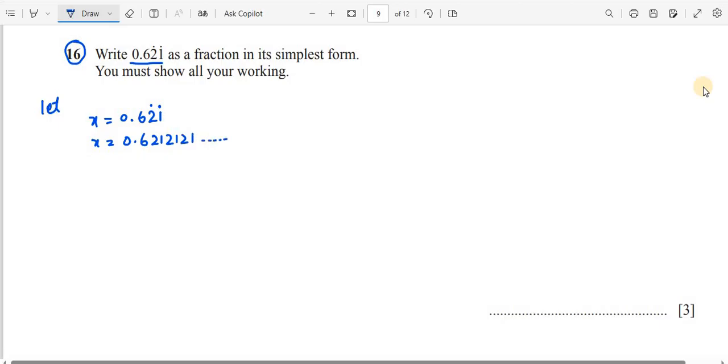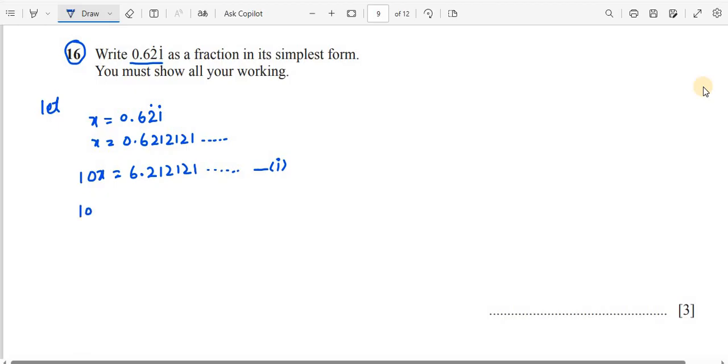First of all, multiply by 10: 10x is equal to 6.2121, and so on. Say that this is our equation number 1. In equation number 1, multiply by 100.